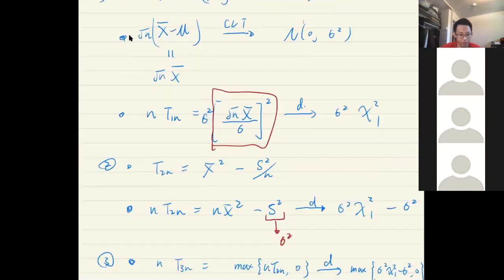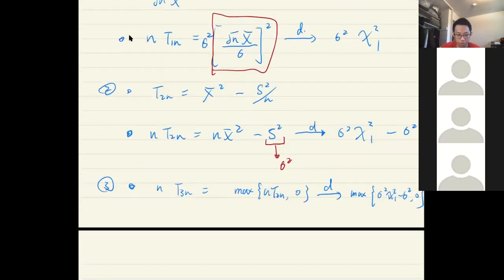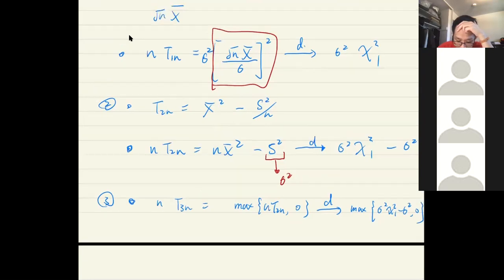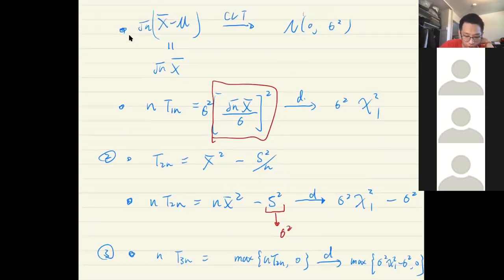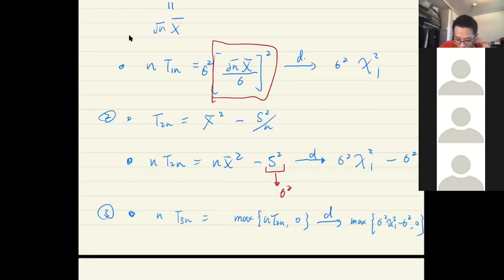So we have the three asymptotic distributions. Any questions so far? This is just the central limit theorem and some calculation.